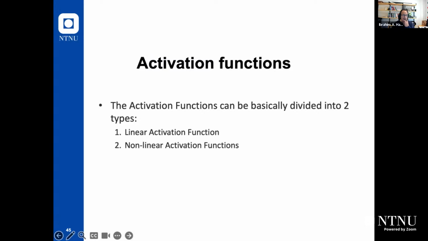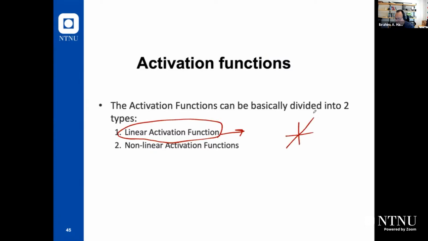Okay. So the activation function can be divided into two types. In fact, we have some linear activation functions and some nonlinear activation functions. And the most important, in fact, is the nonlinear activation function. So this is the most important for us. The linear activation function is very similar to the one which we used in the adaptive linear unit, which is like this one, right?